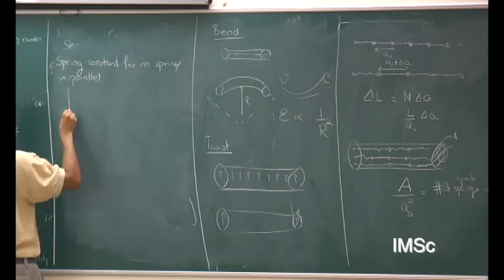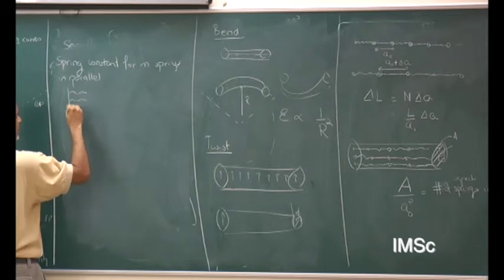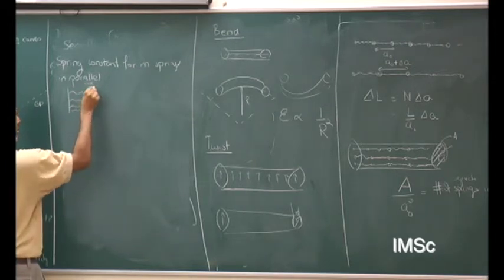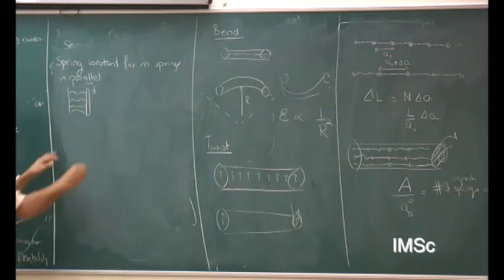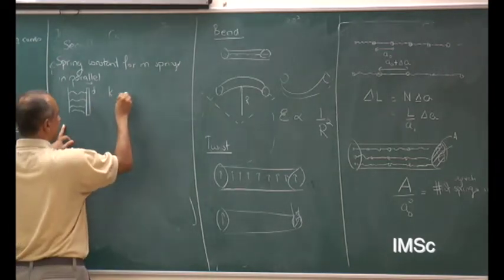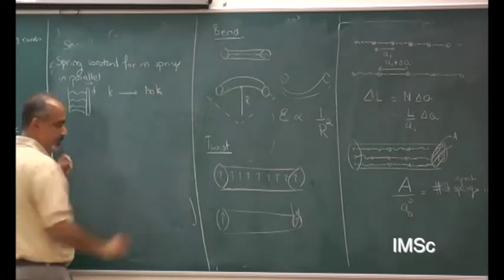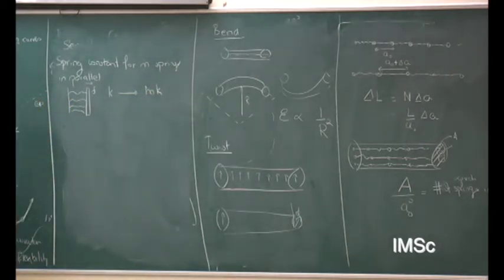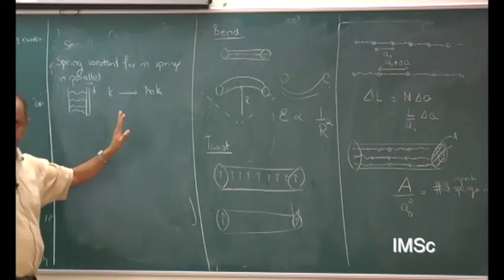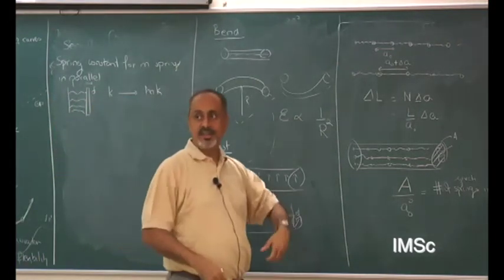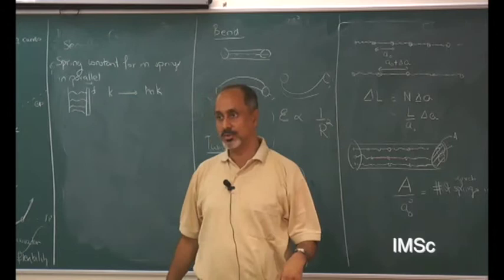So I imagine a situation where I have spring, spring, spring, spring here, and I try and apply a force on that. The spring constant for a single spring k has now to be replaced by m times k, where m is the number of springs. Because springs in parallel, it's harder to move. Just think of how you would do it physically.